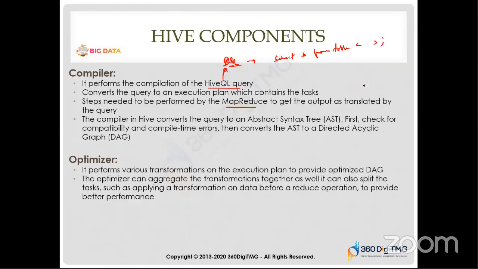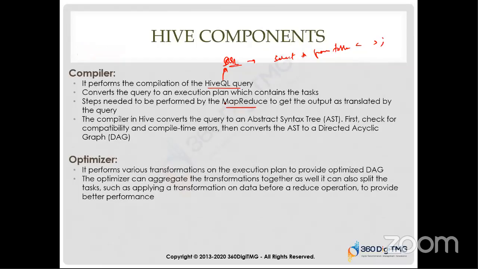This is a simple query that we can create. Hope everybody understands this query. Select star from table name. What does this give us? Exactly, the data in the table.